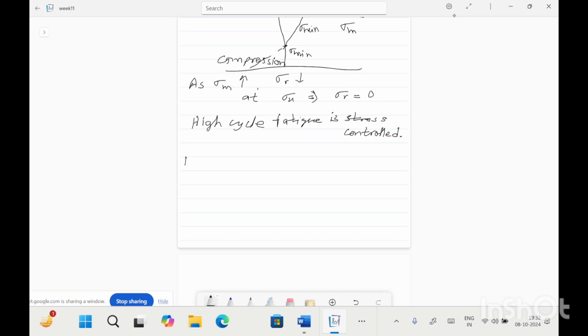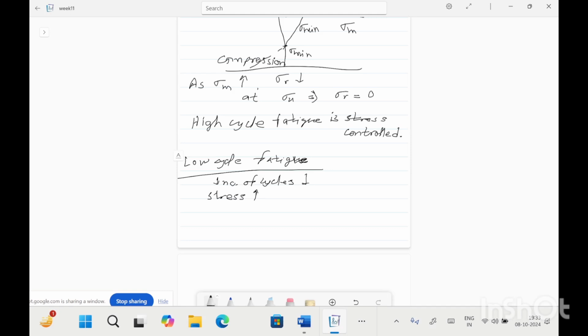And now we will study the low cycle fatigue behavior. Low cycle fatigue behavior is generally studied at very high stress, because the number of cycles is less and the stress level is high.